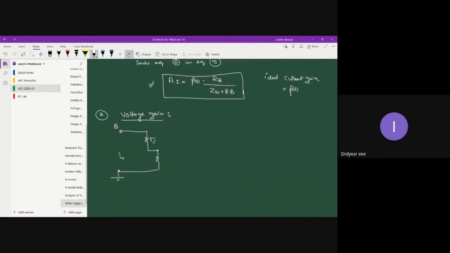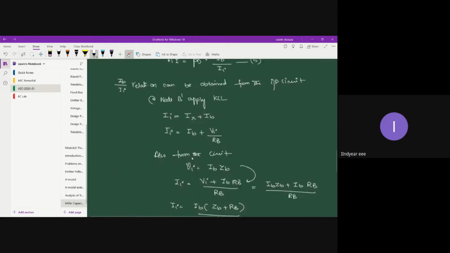Let us mark VI here, minus plus. Through RI, current IB flows, and through RE, current IE flows. And this itself is V naught basically. Voltage which is appearing across RE is our V naught.